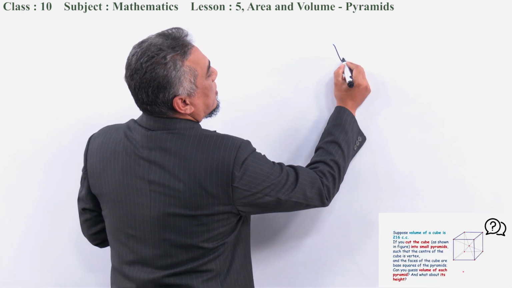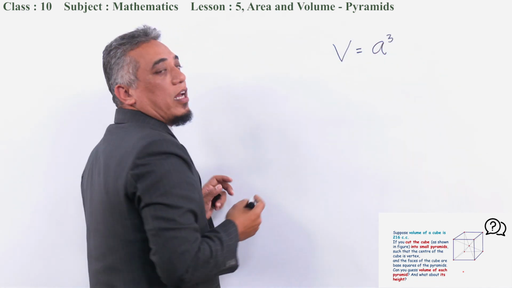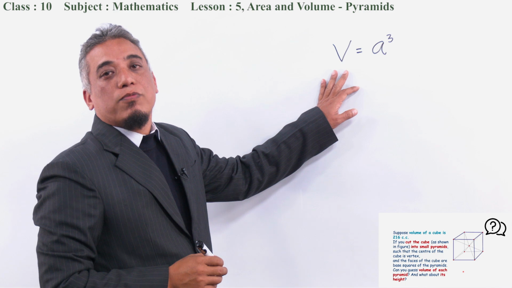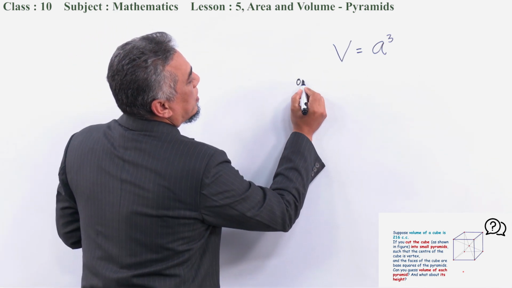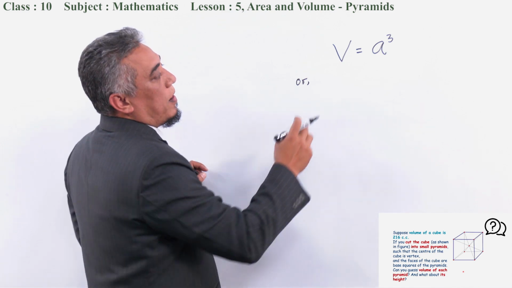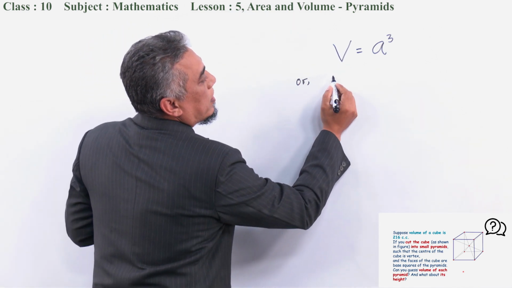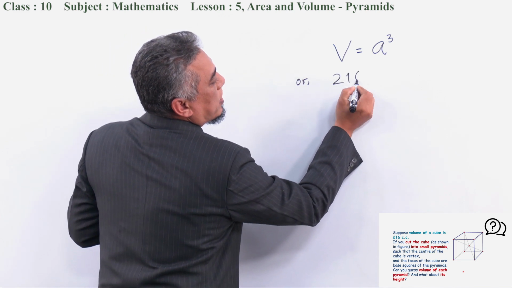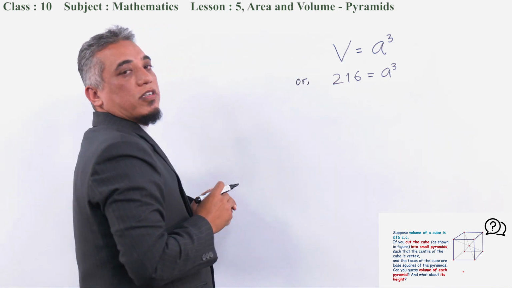We know that V equals A cube. This is the formula for the volume of a cube. Now, if you substitute this V with the value given in the question, 216, it will look like this.